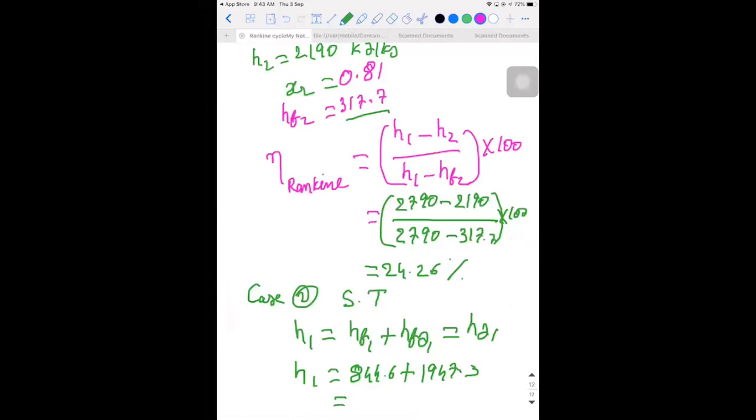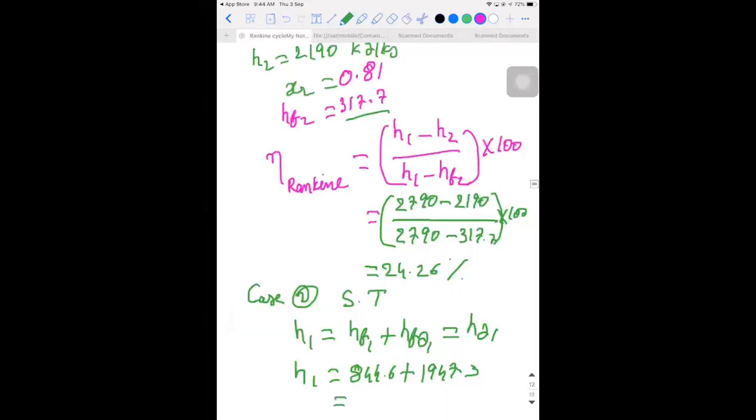And what is the sum, sir? 2789.9. Yes, the same thing I'm going to write: 2789.9. This is the H1 value.